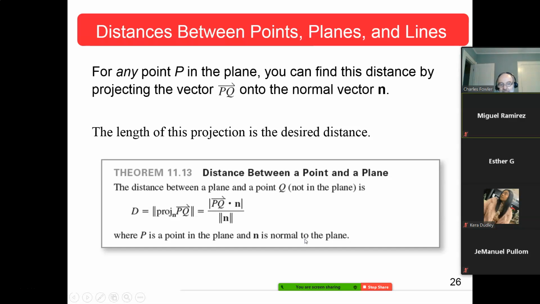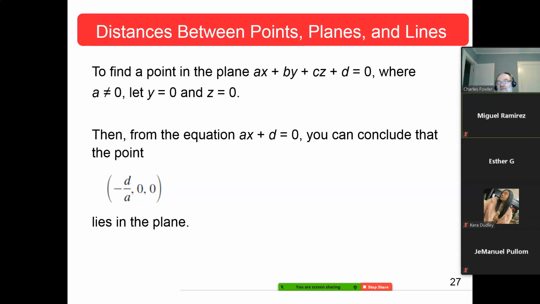Now, to find a point in the plane: ax plus by plus cz plus d is equal to 0 is an equation of a plane.